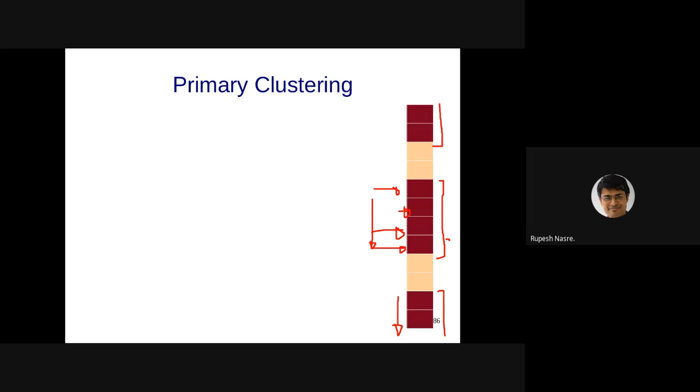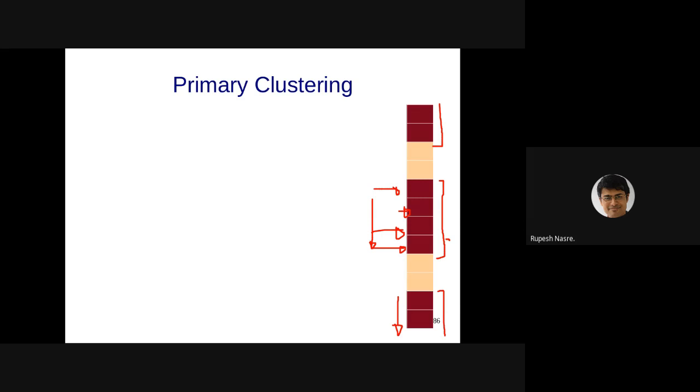Let's look at it this way: as soon as you have to look for a particular element, you might have to go through this linear cluster of elements, and that is going to add a sequentiality to your search. That is going to increase the number of elements that you need to look for, although those might not be conflicting.